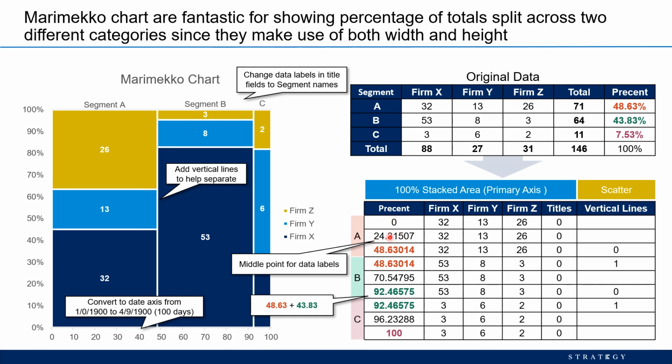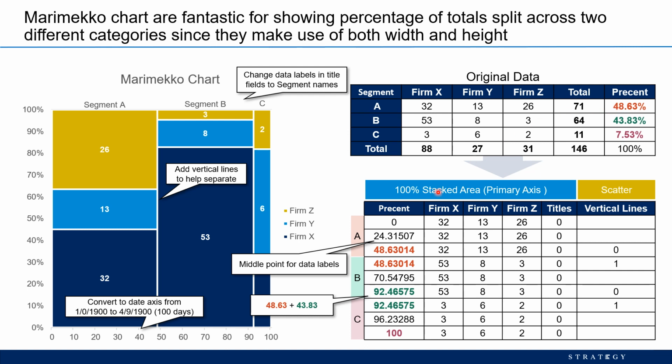The reason for this is I need to tell Excel or PowerPoint where to start drawing this and where to end drawing this. So I would start out with my first segment at 0, then with the max entry being whatever percent it is, so it takes up that full percent. Then for my next entry, I'm going to start it wherever the previous percent ended.